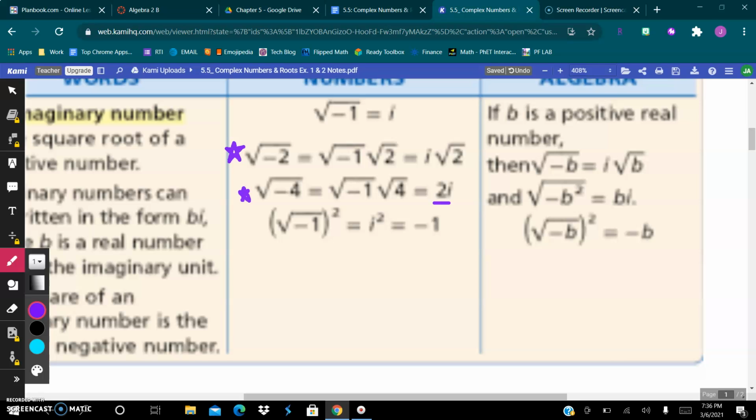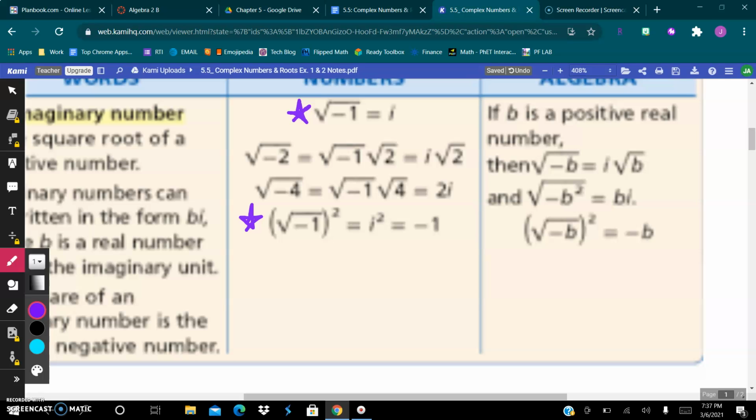The square root of negative 1, squared: the square root of negative 1 is i, so i squared, or i times i, is negative 1. The top one here and the bottom one are the ones that you're going to have to remember and use.